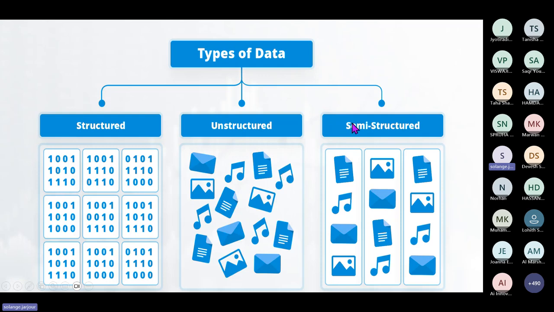And also you can have semi-structured data. Semi-structured is like organizing these files in a tabular way, like files or folders with specific images, emails, voices, whatsoever. So it's very important that you understand that we have three different types of data, and based on the data we can do different things, and this is what we will see right now.